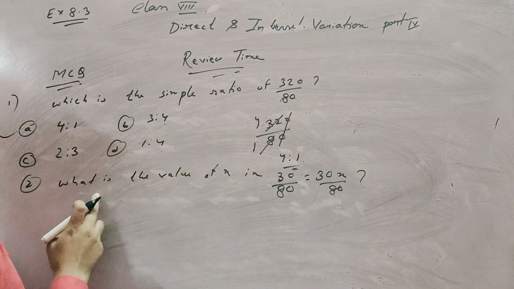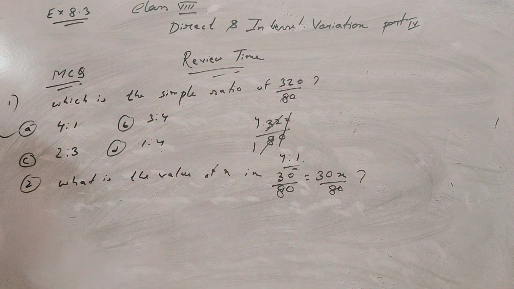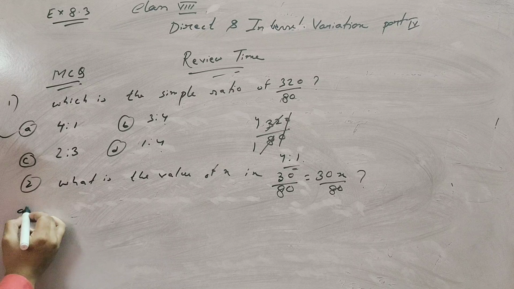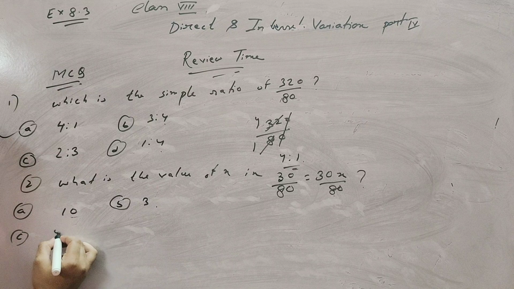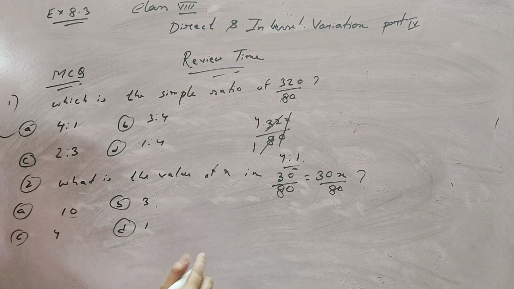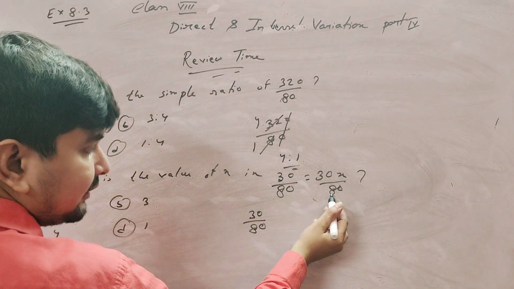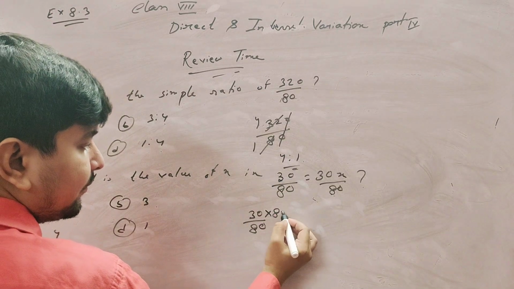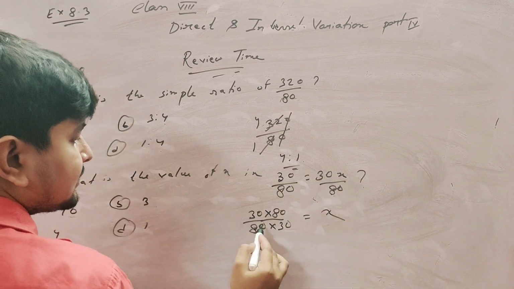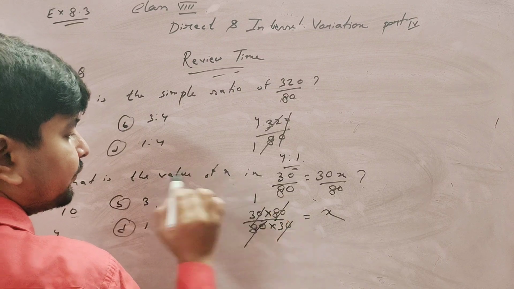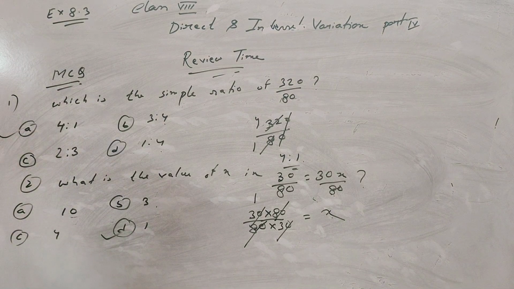Options are A 10, B 3, C 4, D 1. Calculate: cross multiply, 80 and 80 cut it down, 30 and 30 cut it down, so x is 1. So the option is D. Clear?